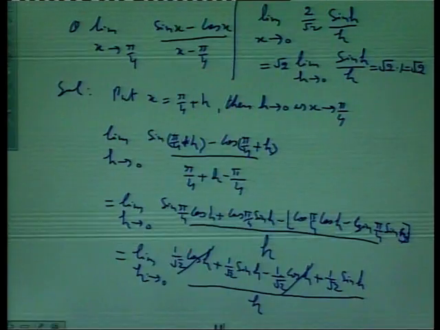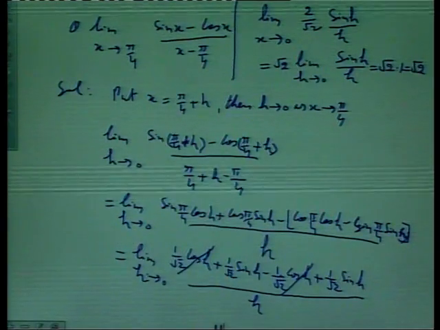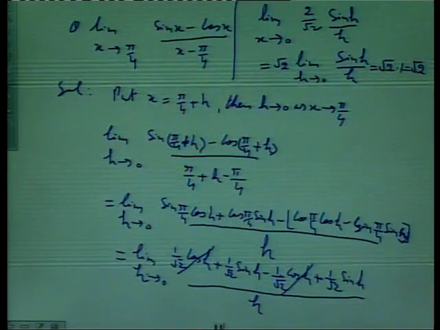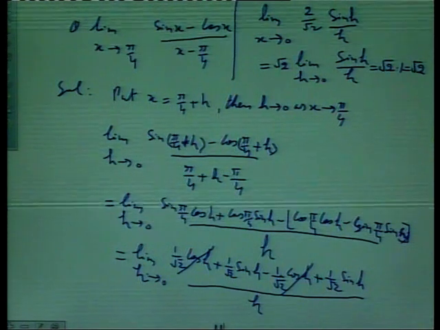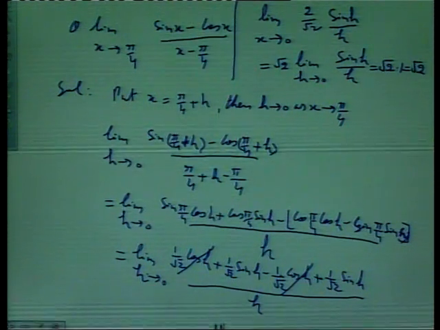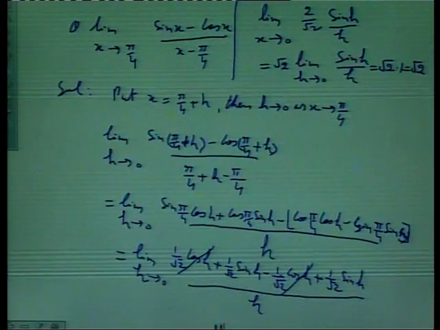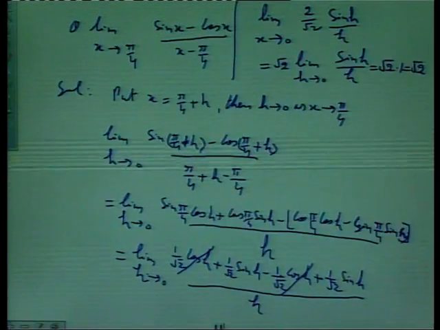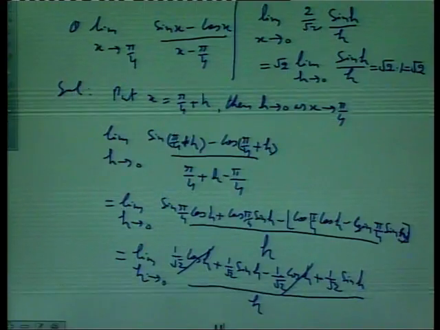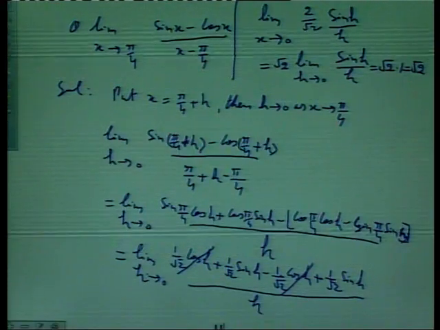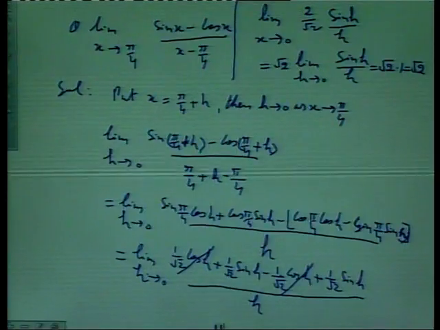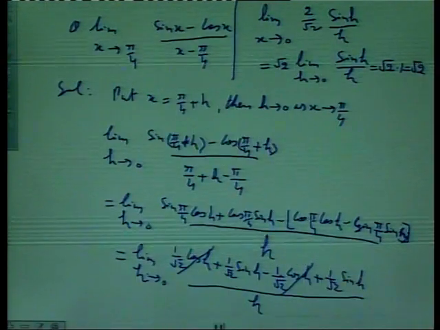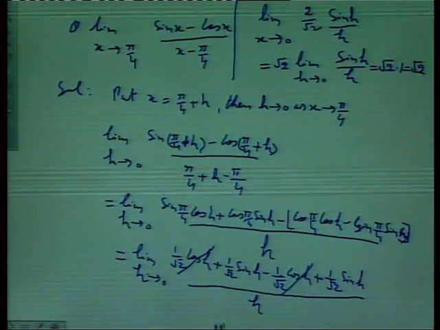So, in this question the limit was not approaching 0, but when we apply substitution we get the limit as h tends to 0, then applying simple trigonometry, sin a plus b and cos a plus b, we get the simplified form, and again we get the standard form of the limit. So, the limit of this question comes out to be under root 2.